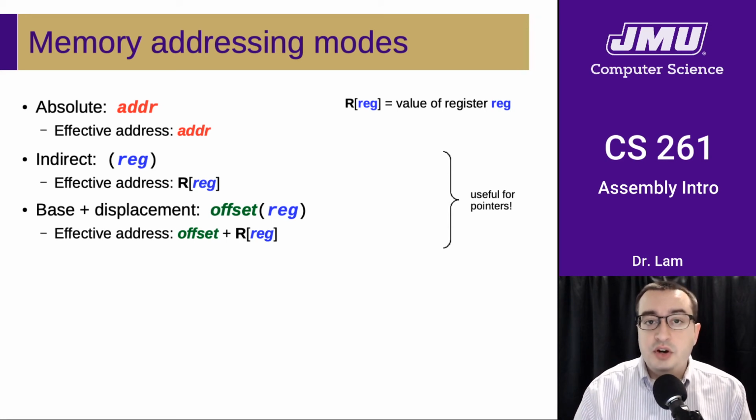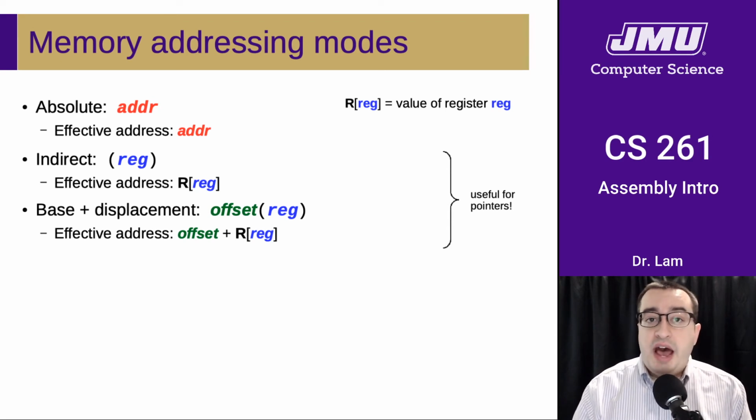The register is going to be storing the address of some place in memory that we want to get to. In order to get to it, we need to dereference that pointer, and that's what the indirect memory addressing mode allows us to do. By putting the parentheses around the register name, we say we don't want to use the value of the register itself. We want to use the value of the register as an address and go get the value that is located in memory at that address.